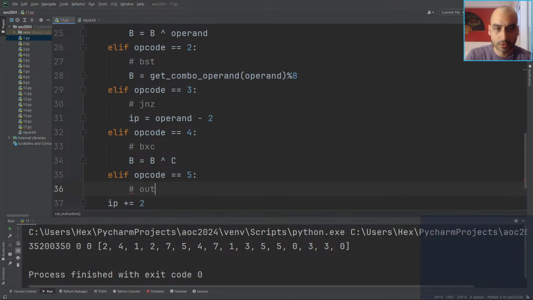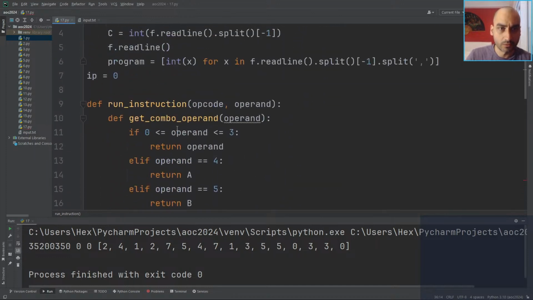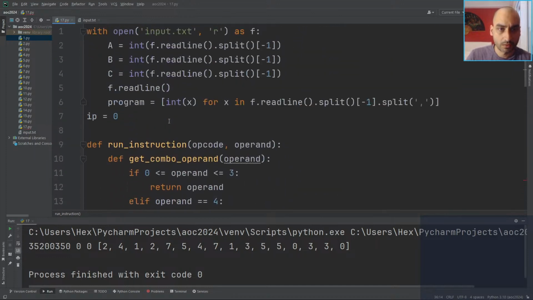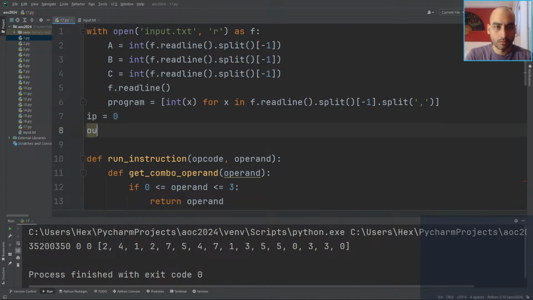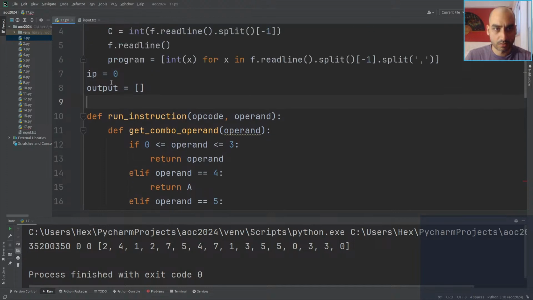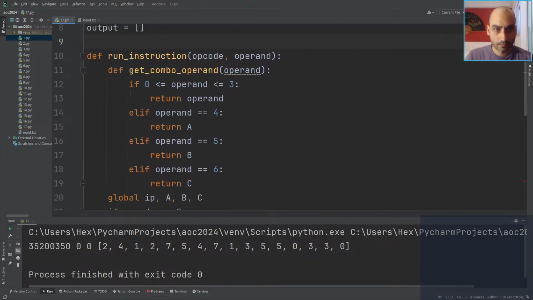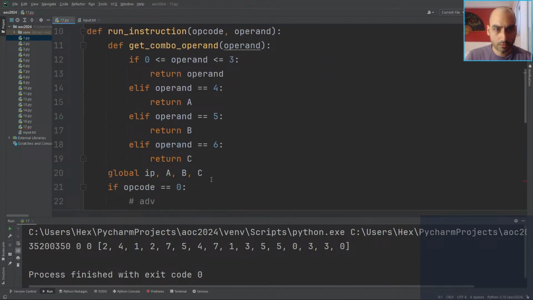this is out. Outputs that value. I guess we also want an output. Just make that a list. Just put this at the top here so I remember.